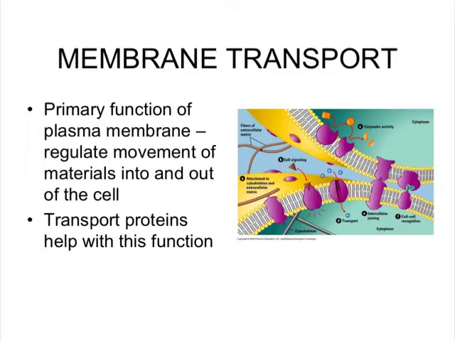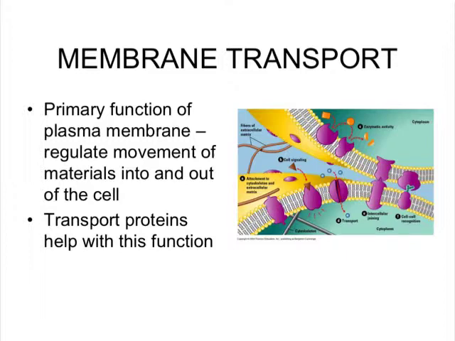All right, so for a cell to survive, it needs to be able to take water, nutrients, other things inside, and also get rid of waste and send out signals and stuff of its own from inside the cell membrane outside to other cells. So we're going to talk about membrane transport.